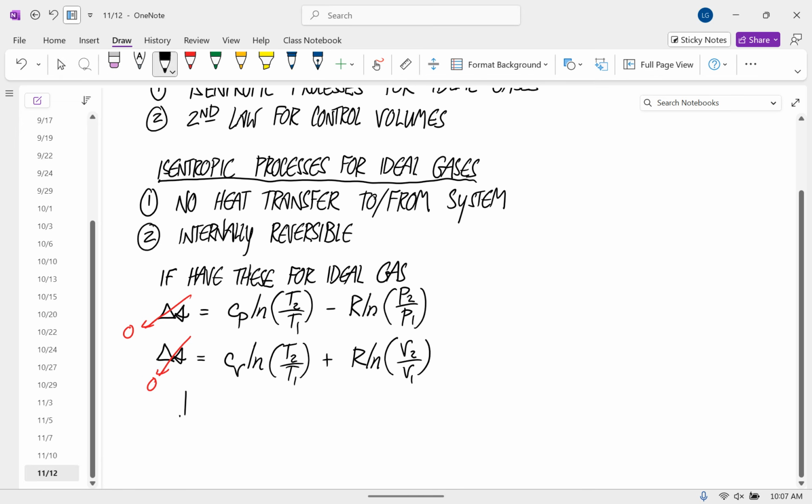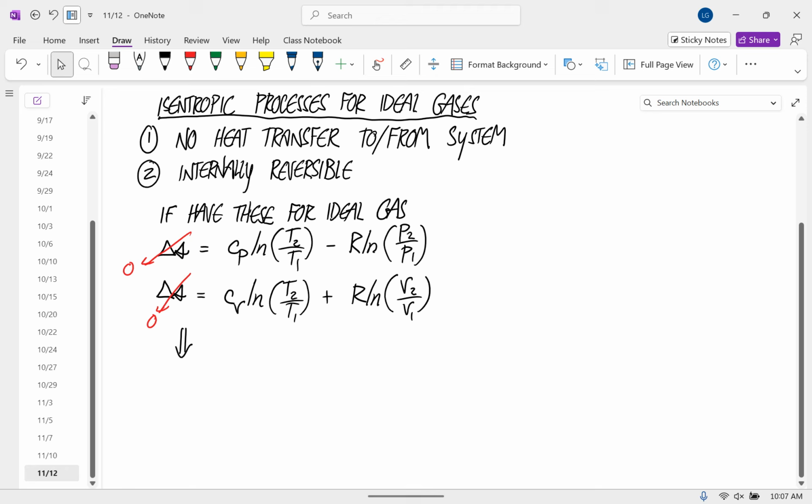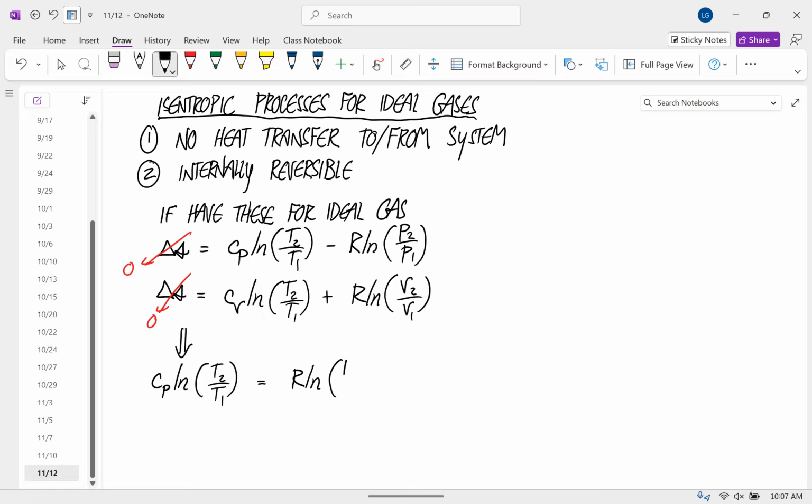And so these give this new form that says Cp times the natural log of T2 over T1 is equal to R times the natural log of P2 over P1.